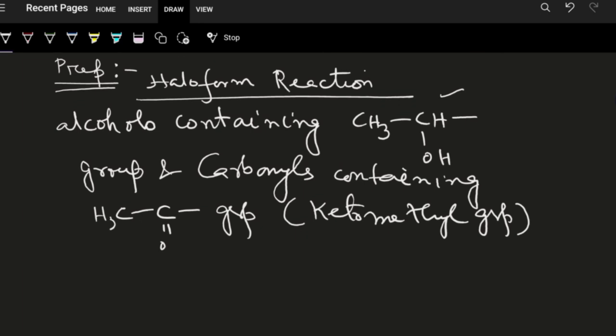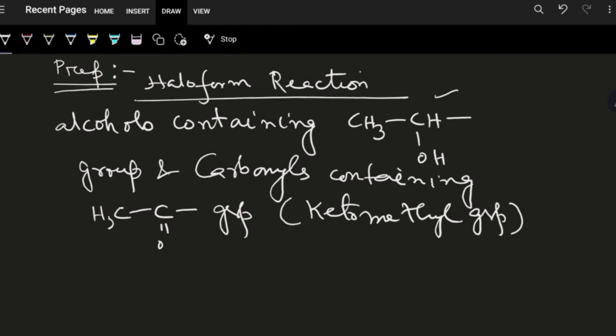So it reacts with I2 and NaOH to produce sodium hypoiodide in situ. Let us see, 2 moles of NaOH react with I2 to form NaI plus NaOI.